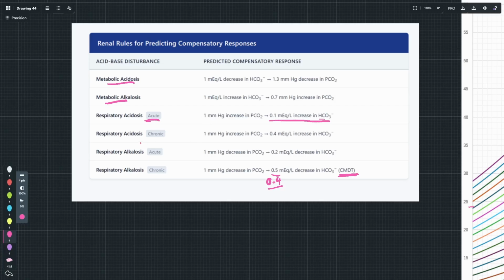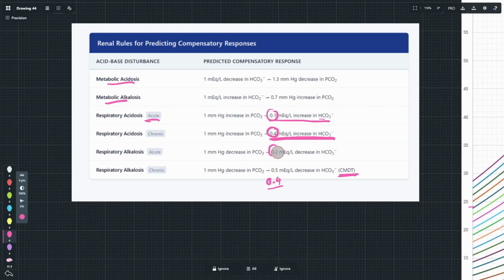And then after some time, when the renal compensation starts, there would of course be an increase in HCO3 and in alkalosis as well. But you see, there is a 0.1 unit difference in respiratory alkalosis and respiratory acidosis. I hope you can appreciate that. Why does this difference exist?